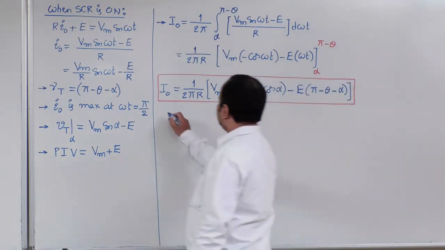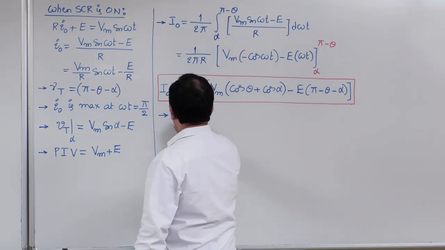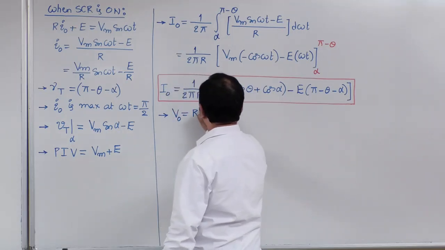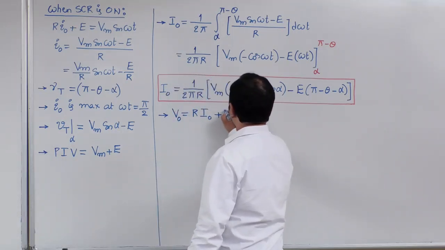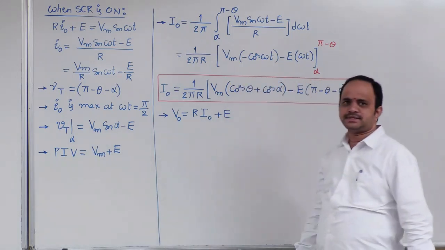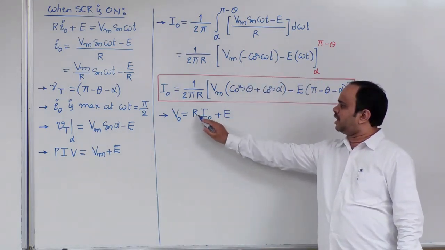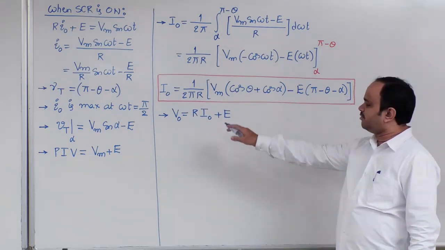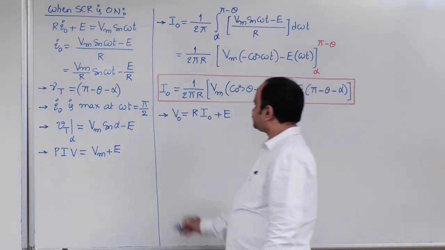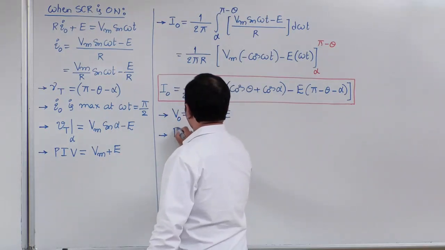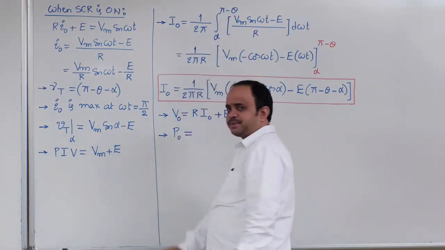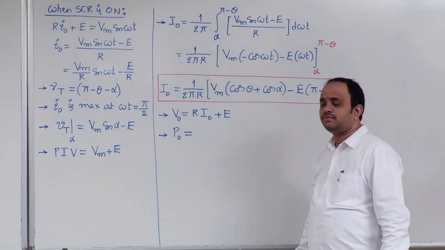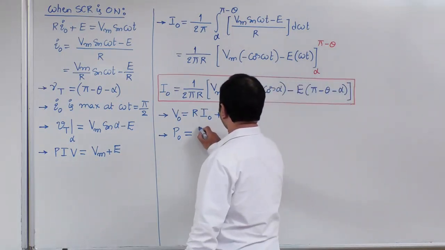Next, once we got average output current, now we can write average output voltage is equal to R into I naught plus E. That is the average output voltage expression. Next, let us write down the expression for output power.